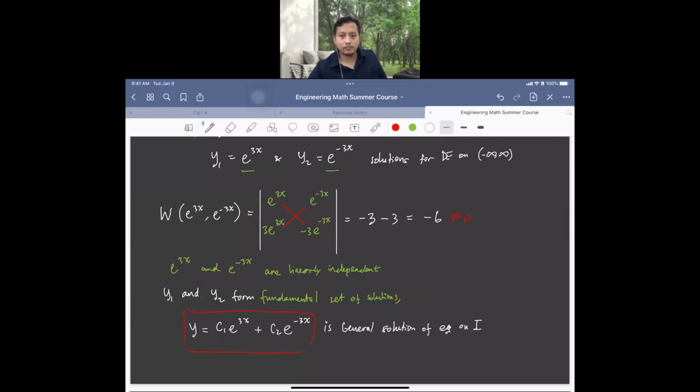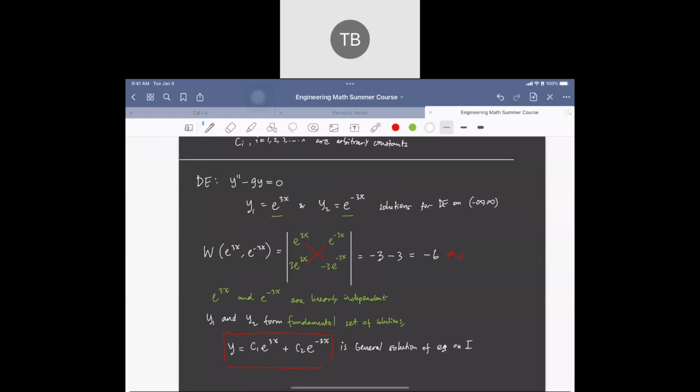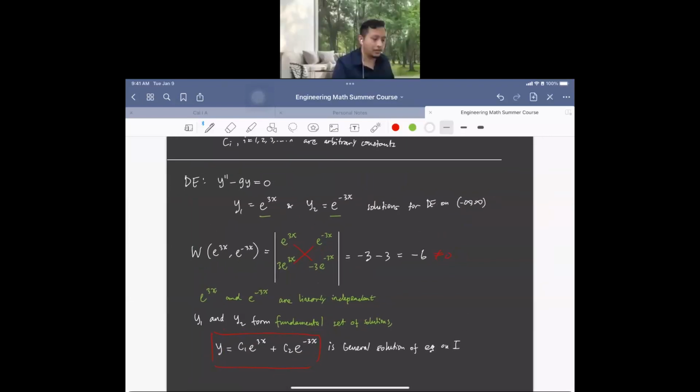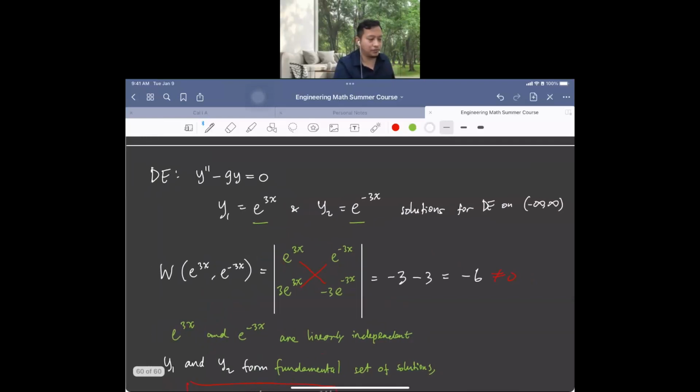Professor, is this because of superposition? Is this because of the superposition or no? Yeah. So if we know that we have a y1, the basic solution came from the superposition. Okay, but we also need to check the Wronskian.